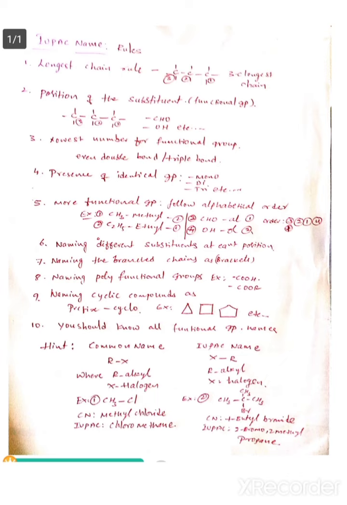First carbon atom, second carbon atom, two different substituents are attached to the same carbon atom, so you give the number 2: 2-bromo-2-methylpropane. This is what you have to follow for any organic compound you get. Thank you.